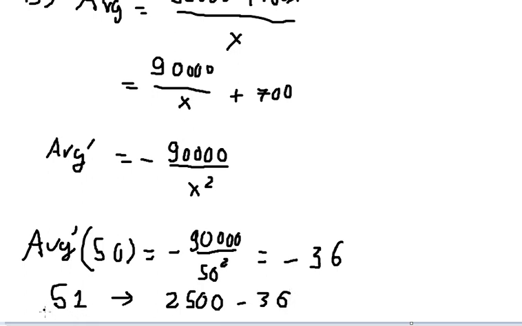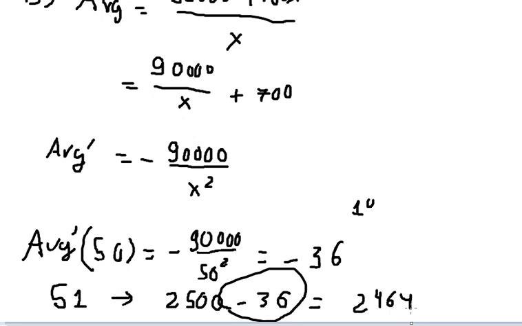Because if we add another 1 unit, we have the change of the value of the average in here. So that means we have this number minus this number, because we just add only 1 unit. That's why we have the minus difference in here. And that is about 2,464. This is the end.